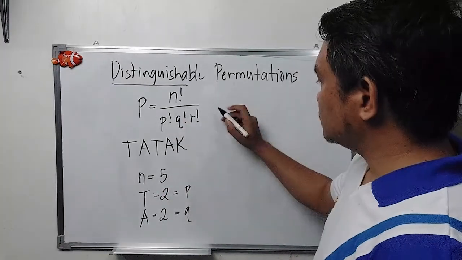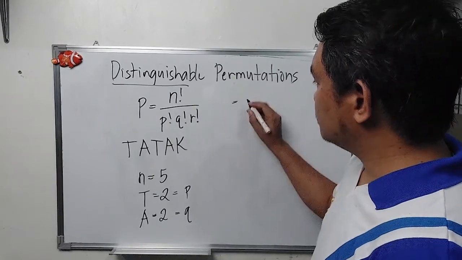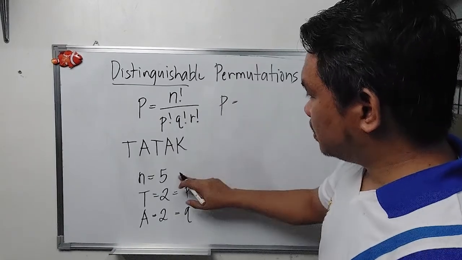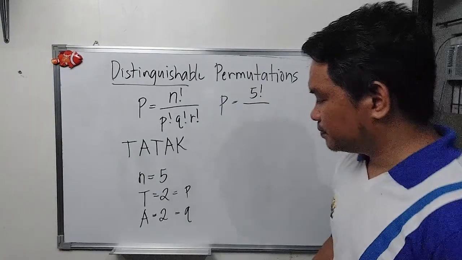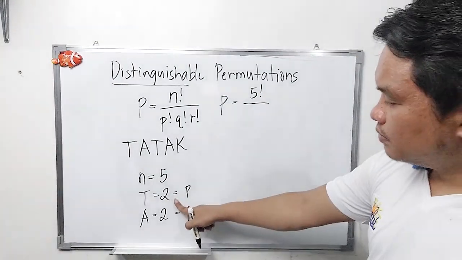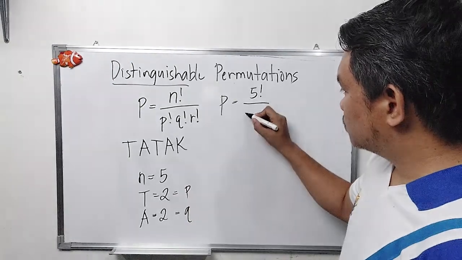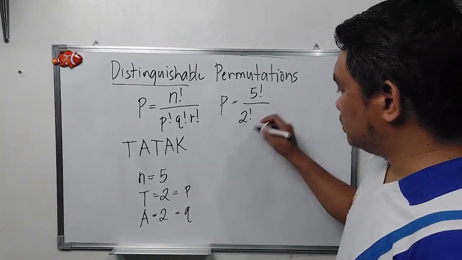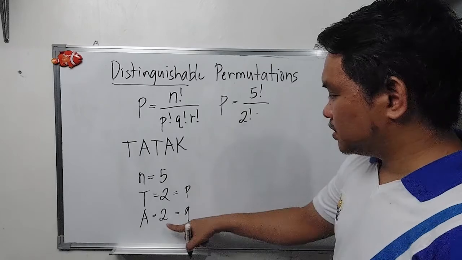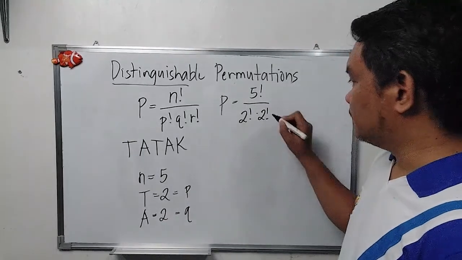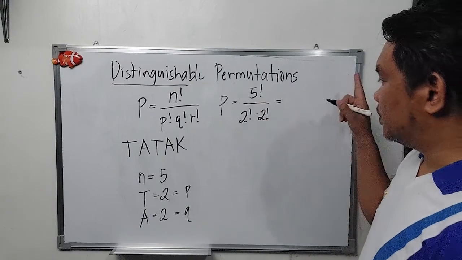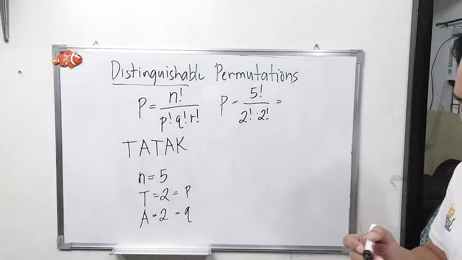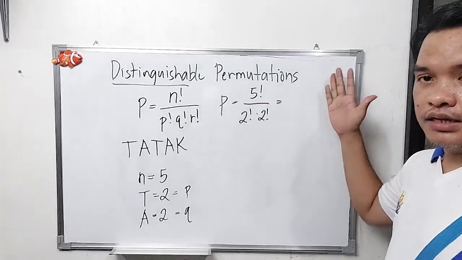Okay. So, gamitin natin itong formula. Substitute natin. Ang value ng N natin is 5 factorial. Then, yung P natin, 2 factorial times another 2 factorial. So, kung meron tayong calculator, solve na lang natin yan.